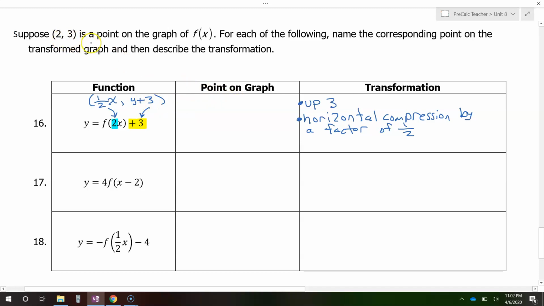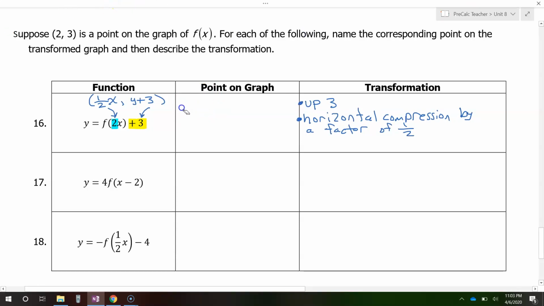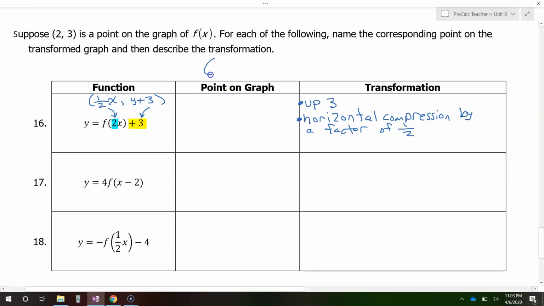So if I do that to the point 2, 3, we all know that we are starting with the point 2, 3. This point is going to become 1/2 of 2 and 3 plus 3.